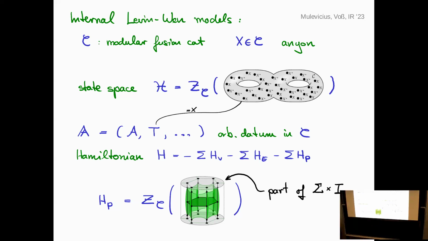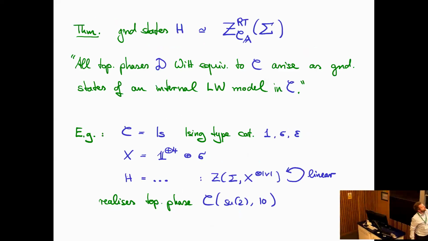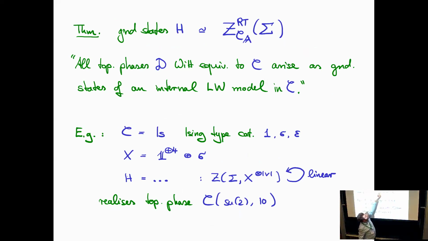And if I compute the ground states, what I find is that they are equivalent to the ground states of the Reshetikhin-Turaev theory for this new category of line defects, the category C_A, for the same surface. So remember that this procedure, passing from C to C_A, allowed us to walk between any two modular categories in the same Witt class.